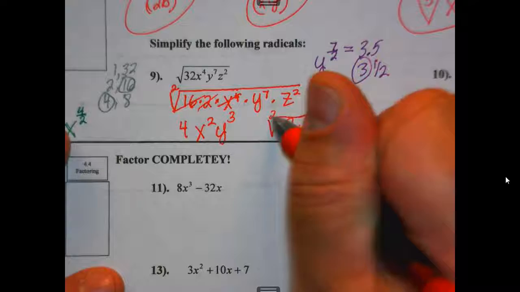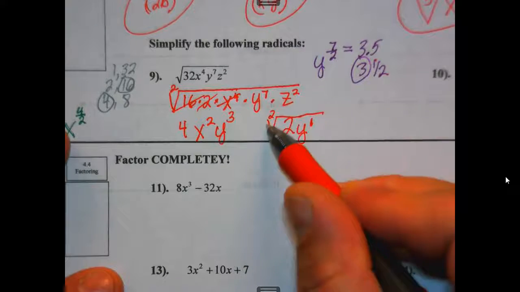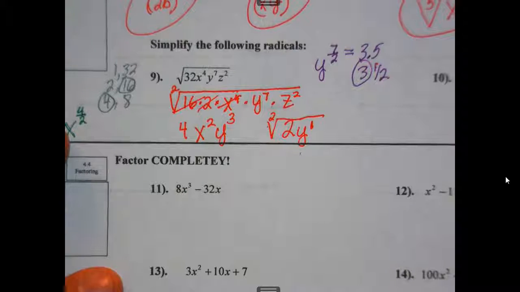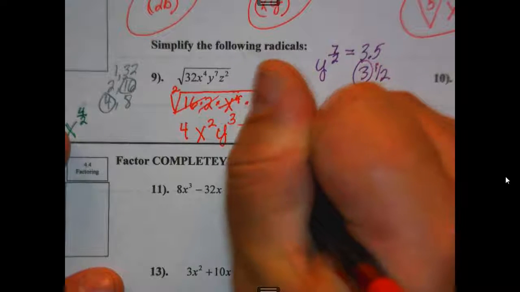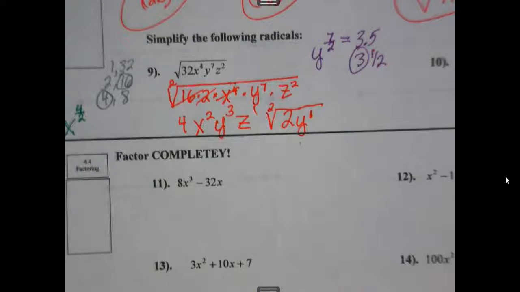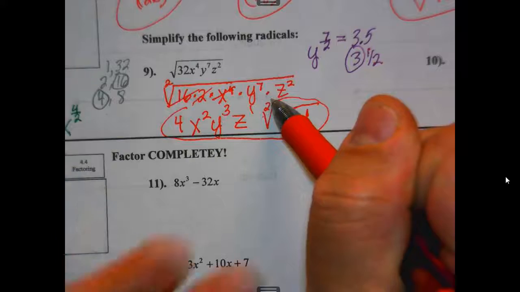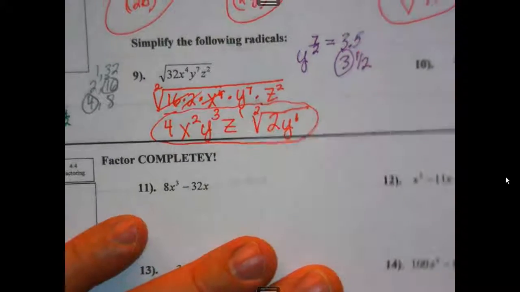My 2 is the root. My numerator is the exponent. No, what's 2 divided by 2? We did it. It wasn't even all that hard.